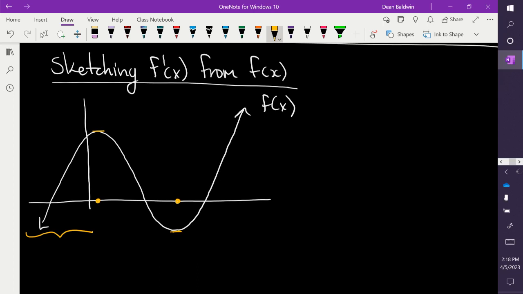If it's a positive slope, what does that mean the derivative is? Positive, right? Positive slope, therefore, f prime of x equals positive. That makes sense, right?